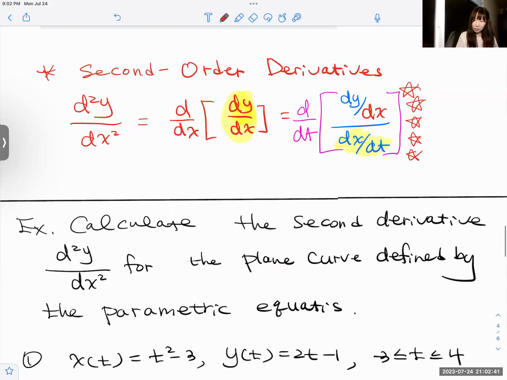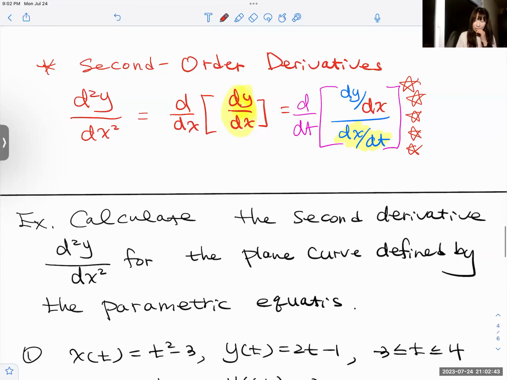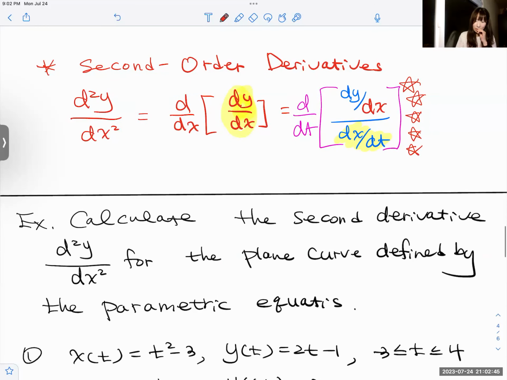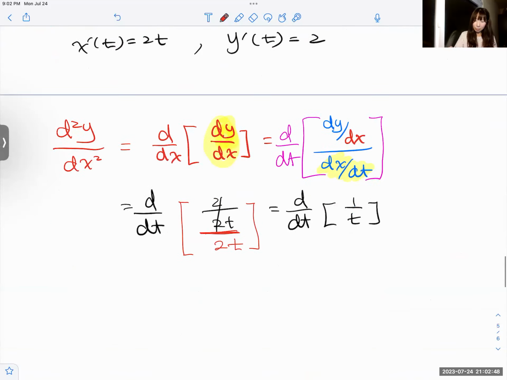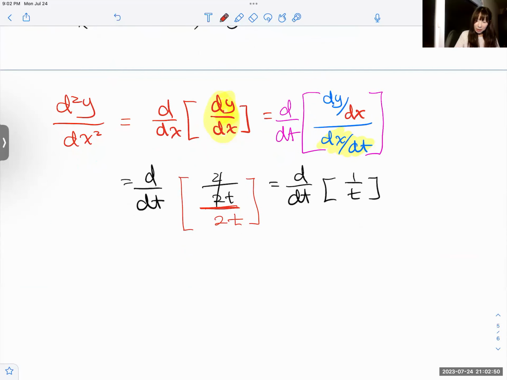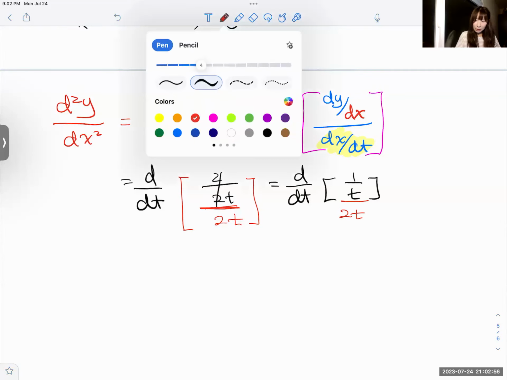Okay, dy over dx. All right. So we have 1 over t from previously, over 2t, right? Okay, so we want the derivative with respect to t.